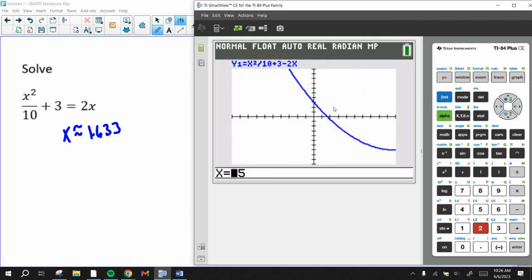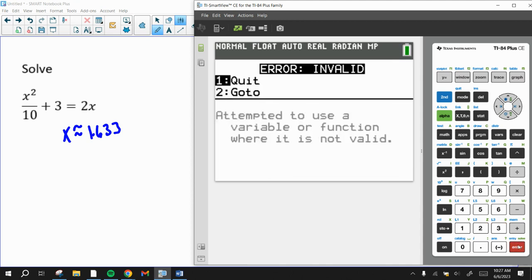The calculator only knows what's in its screen. So if you count these, this is a standard zoom, and it only goes up to x equals 10. So if you pick anything beyond 10, the calculator doesn't know what's going on.